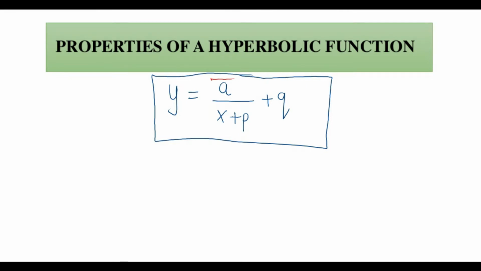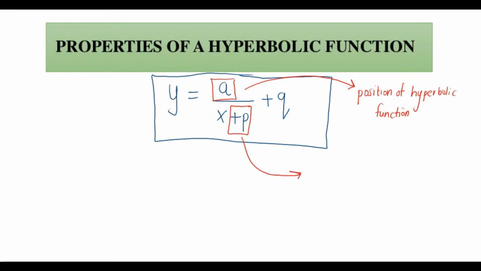So the a, guys. This a tells us about where a hyperbolic function is placed on our Cartesian plane, so the a tells us about the position of our hyperbolic function. What about this p? The p gives us our vertical asymptote. And what does the q tell us?